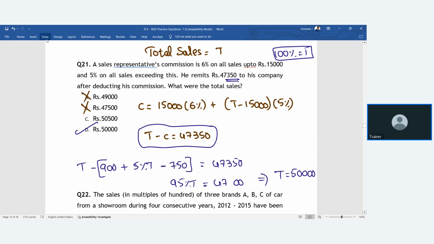That 150 will be added to this side, so it becomes 47,500. So the total amount is 50,000, 50K. Right, so solve this and check it out. That is the entire discussion. Now let's move to the next question.